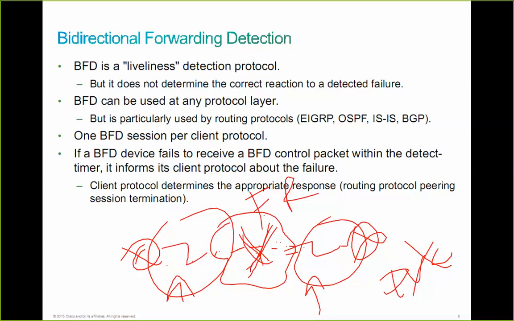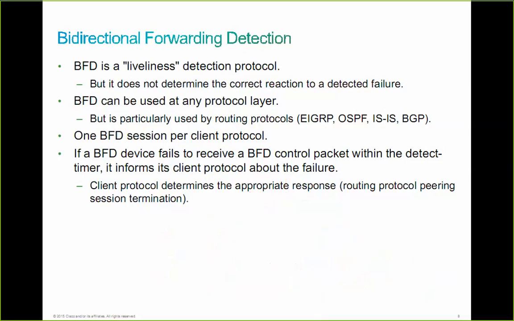Every 5 seconds we're sending a hello. If I don't get a hello within 15 seconds, I consider the neighbor down, and I delete the routes that are coming from that particular neighbor. Well, 15 seconds is a long time to wait for convergence, okay?